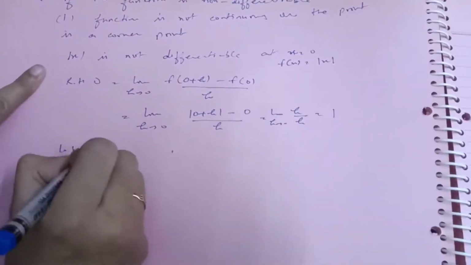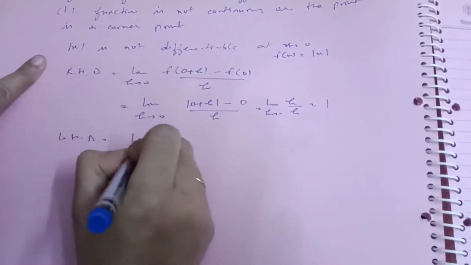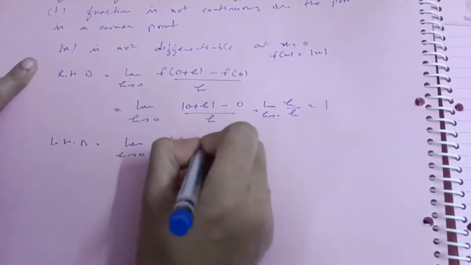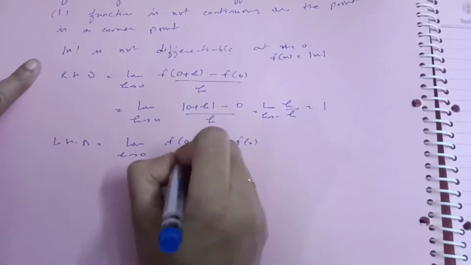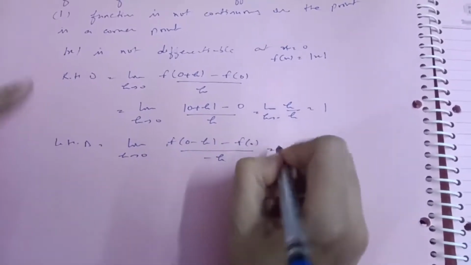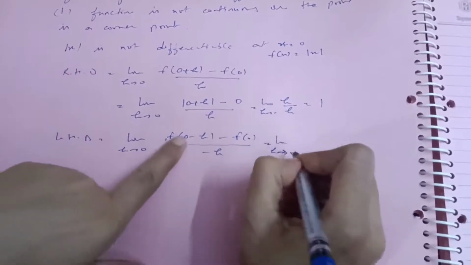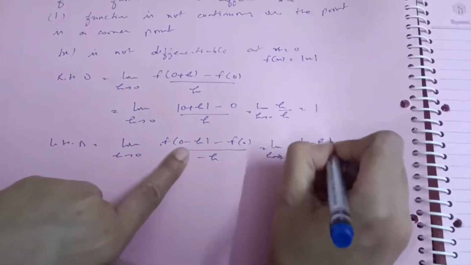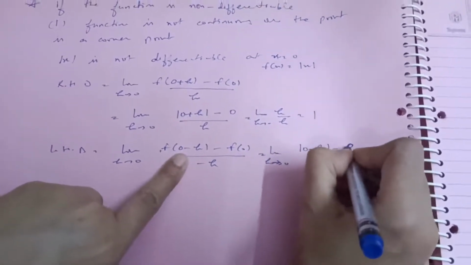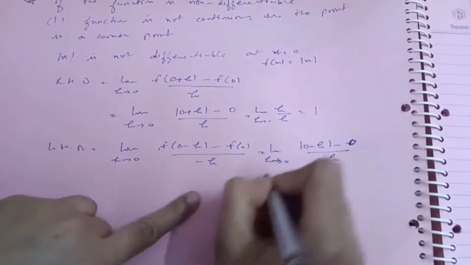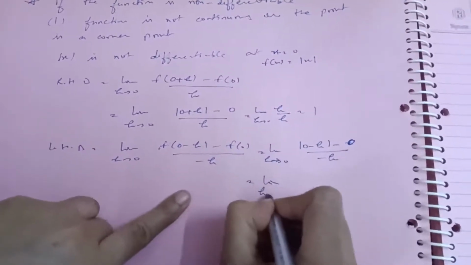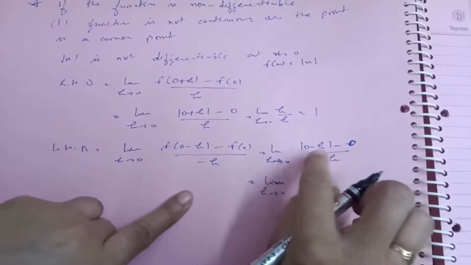And left hand derivative is limit h tends to 0 of f of 0 minus h minus f of 0 by minus h. So you put the function's value: mod of 0 minus h minus 0 by minus h.